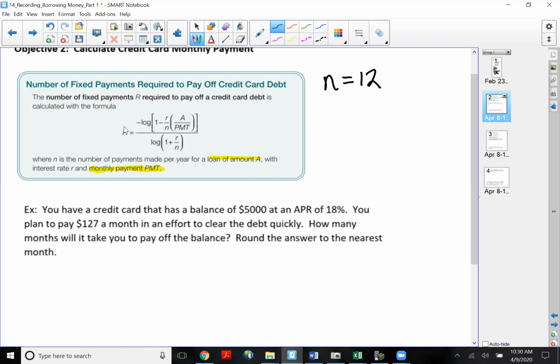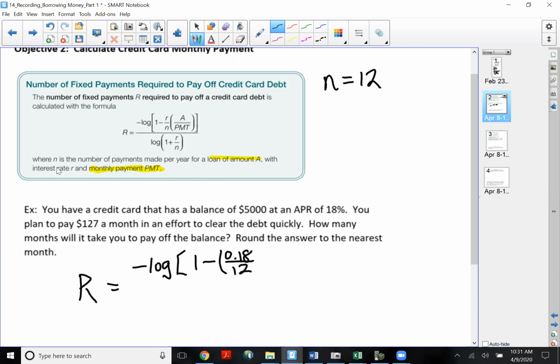So let's just use this formula. R, the number of fixed payments, is equal to negative log, times, bracket, 1 minus, where r is my interest rate, 0.18. I'm going to purposely put this fraction in the parenthesis, divided by n, which is 12.